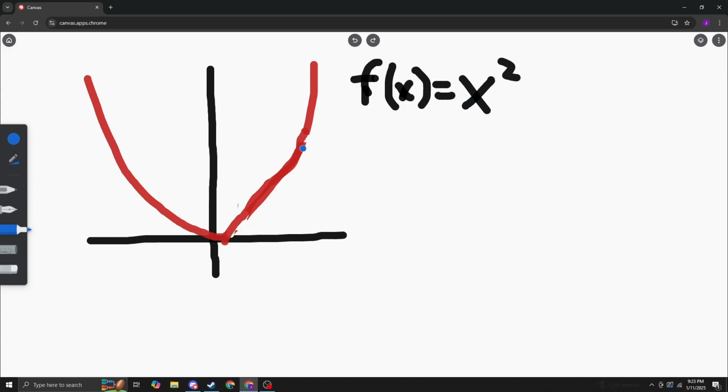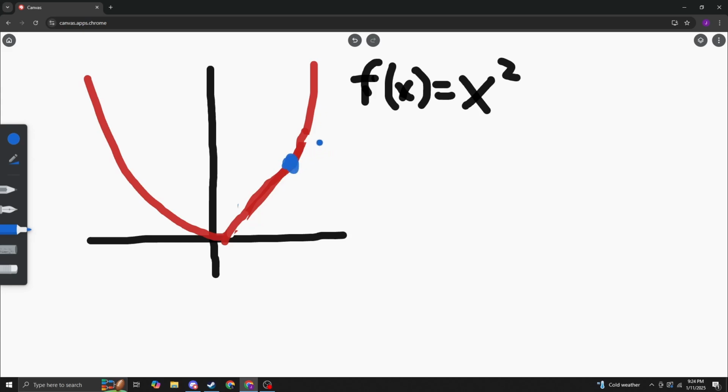You can imagine that. And you all know how to find the slope of a graph. You just find 2 points, subtract one from one and the other from the other. You've done it a million times before. But what if you wanted to find not the slope of the whole graph, but the slope at any one given point?